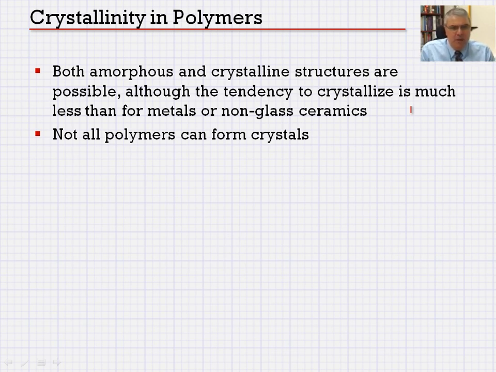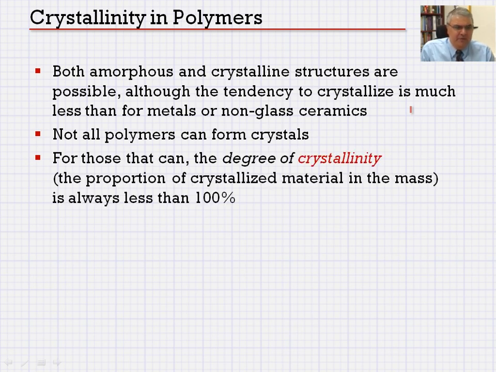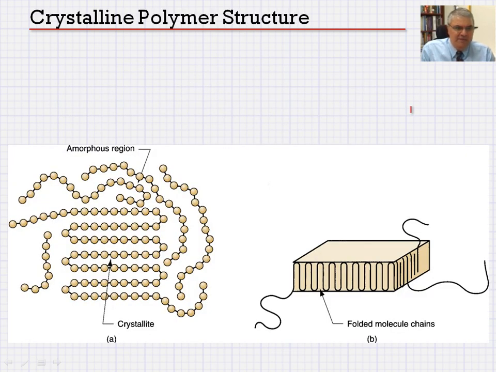Of course, not all polymers can form crystals. You're not going to have a 100% crystalline polymer, so there would be a degree of crystallinity, and that's the proportion of crystallized material in the mass, which is always less than 100%.